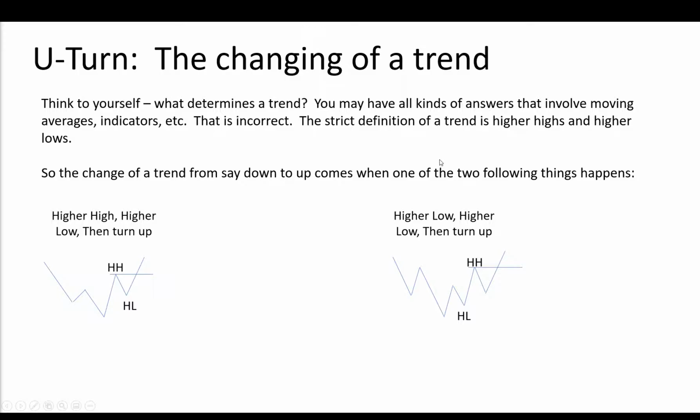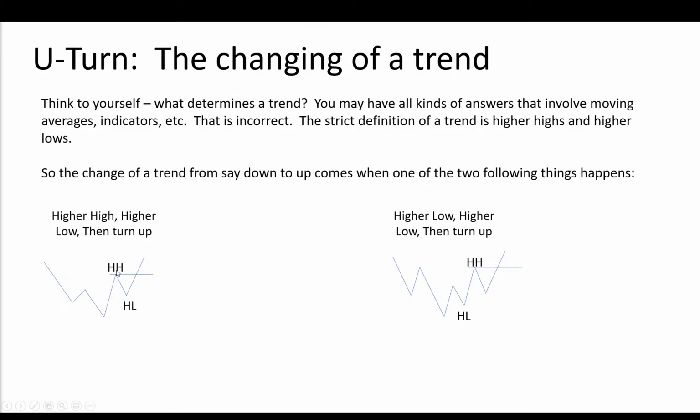So we'd previously introduced a method of bar counting which makes the swings objective, and using that there are basically two ways in which a change of trend happens. In this example we're looking at a change of trend from lower to higher.